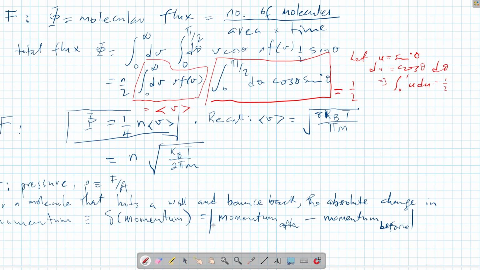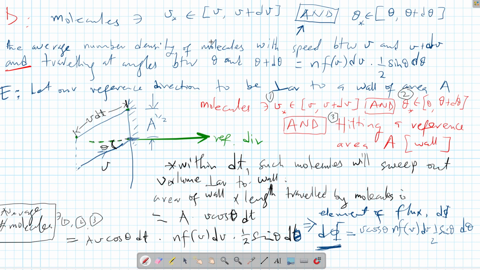Momentum after hitting the wall, if we assume that the molecule bounced back so the velocity is reversed, is going to be, let's say, minus mv cos theta. Just remember that we are considering molecules traveling with velocity v and then hitting a wall, but we want the component of this velocity which is perpendicular to the area under consideration.